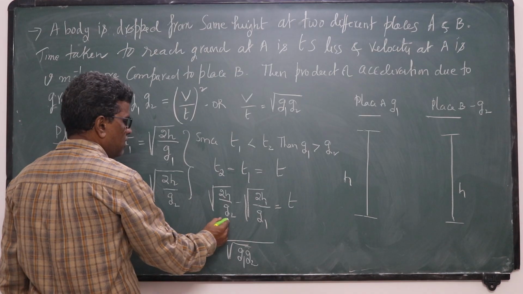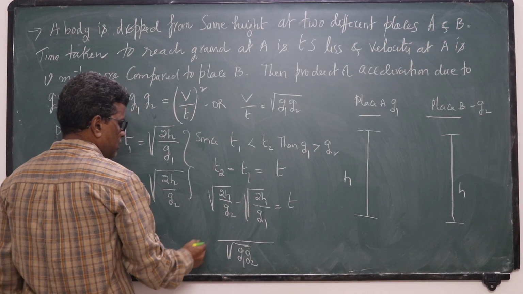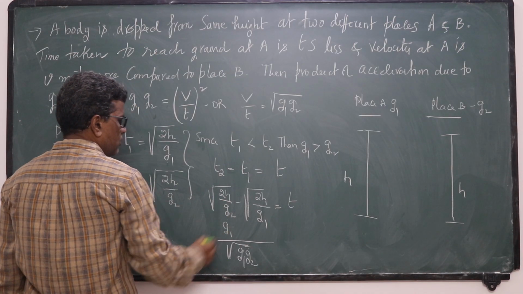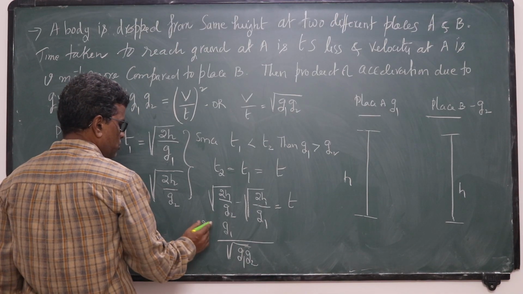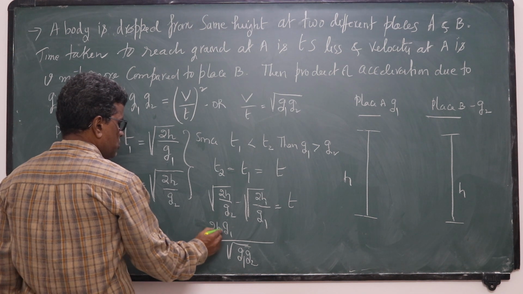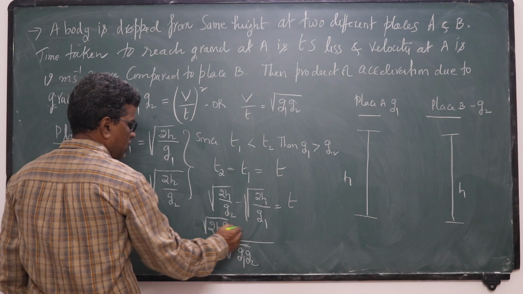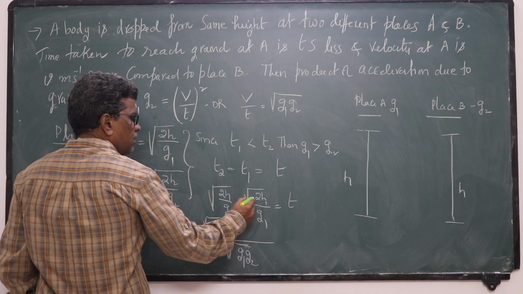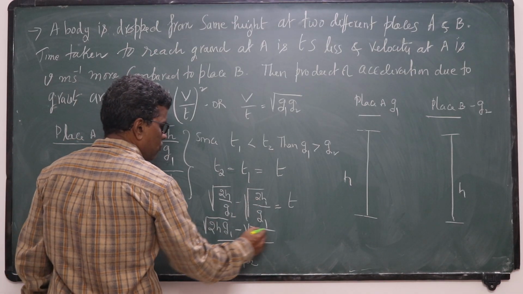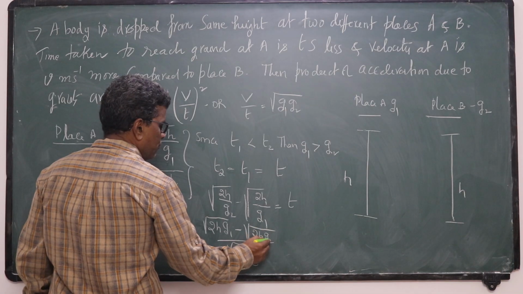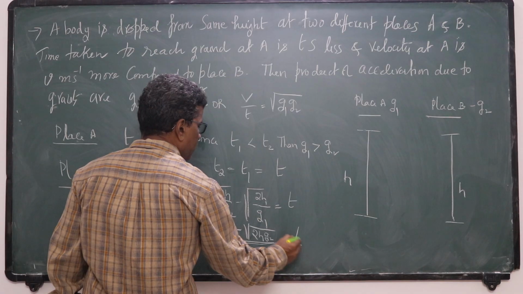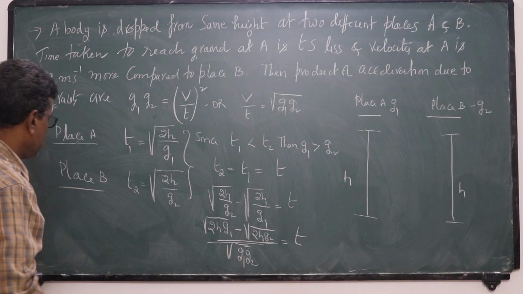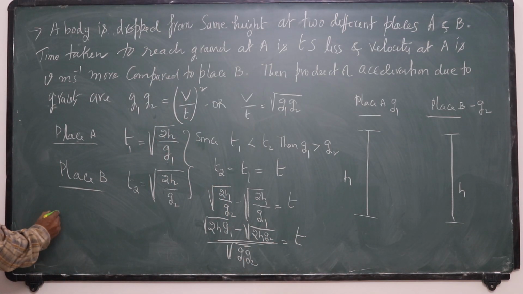So here g1 g2, g1 you will get. So root 2h you take it as common. So root 2h, g1 under root minus, here you will get square root of g2. So this is we got here, that is should be equal to t. So but velocity at place A on reaching A, how much it is?